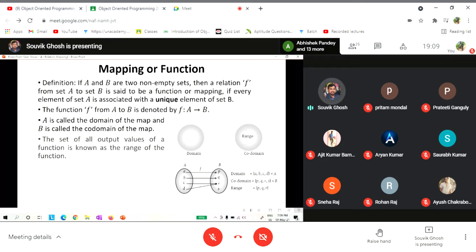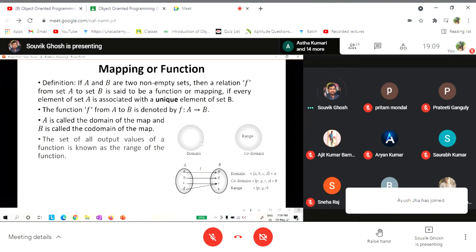So this was a picture: we have the domain, set A, and this is the codomain, and this is the range, that is, only these elements are actually related to the elements of the set A in the domain.